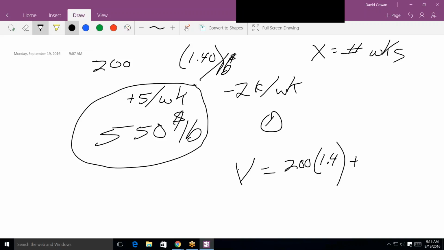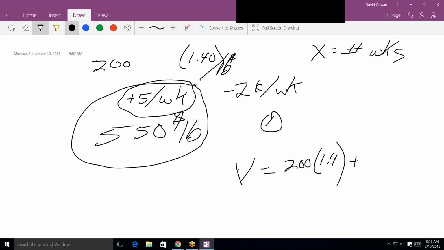Yes, for sure. Okay. So after 1 week, how much does the pig weigh? It's going to weigh 205 pounds. And it will have gained how much in value? It will drop 2 cents. It gains because it's gaining 5 pounds and you're selling it for $1.40 a pound.